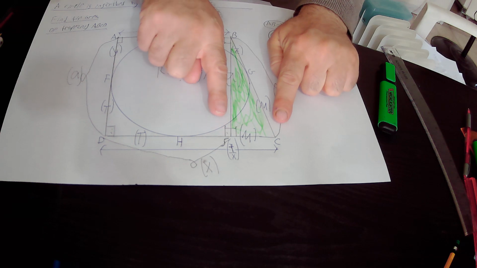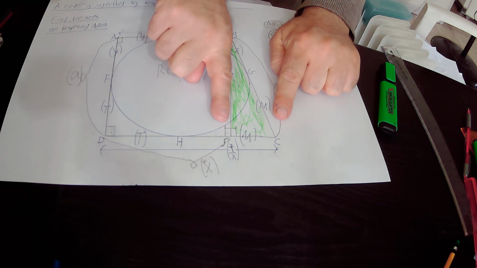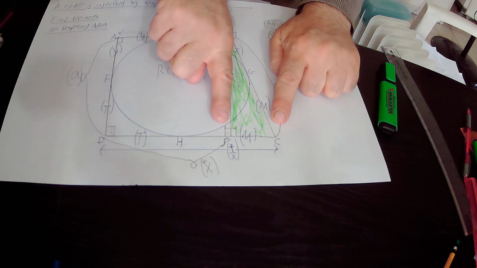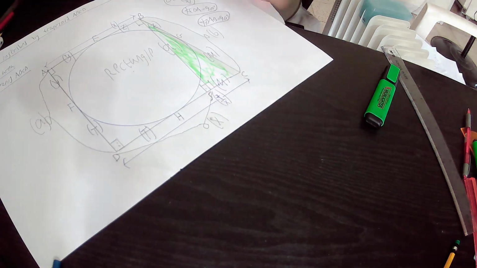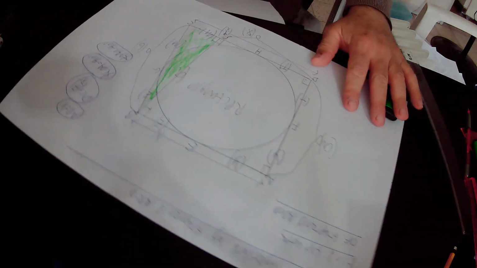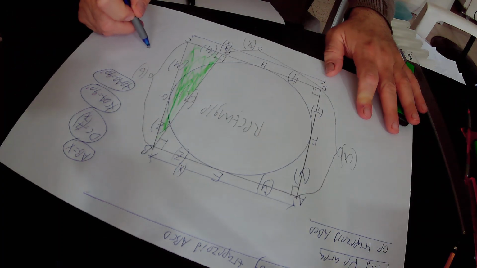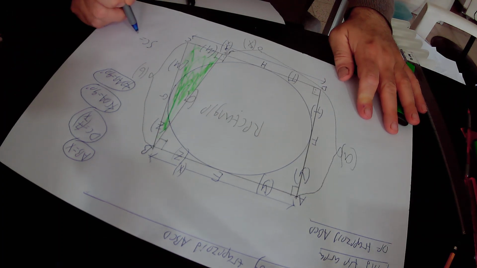SC from the drawing? It is very easy to see that SC in total equals DC minus DS. Again, SC equals DC minus DS. So I write it down. SC in total equals DC minus DS.